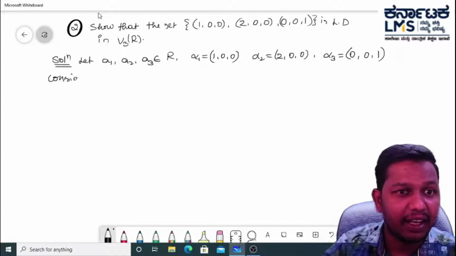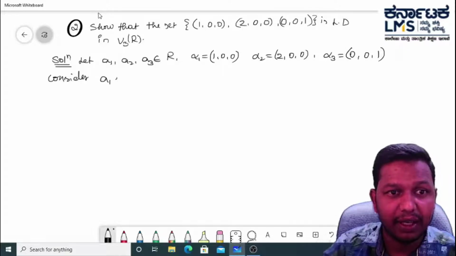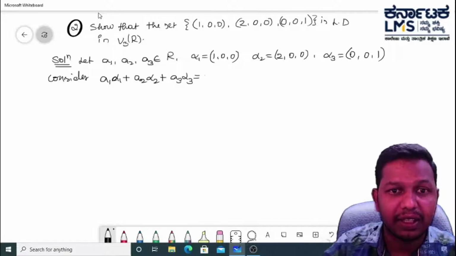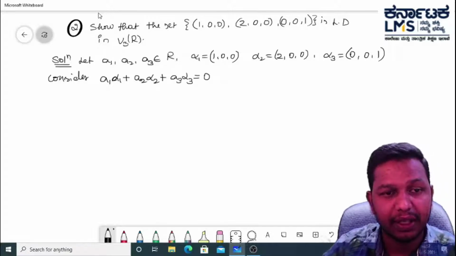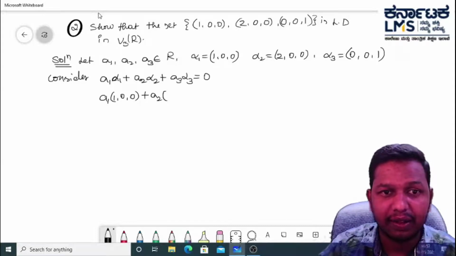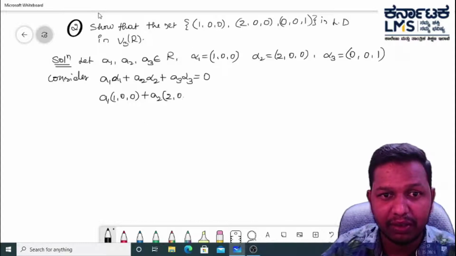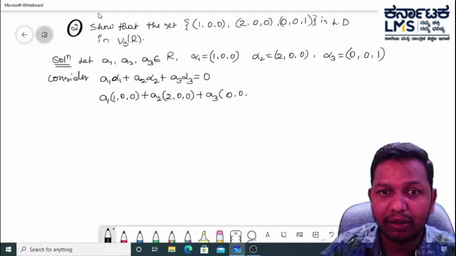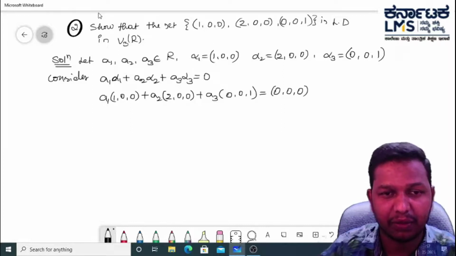Consider their linear combination, that is a1 alpha 1 plus a2 alpha 2 plus a3 alpha 3, which equals the 0 vector. So a1 written as it is, alpha 1 replaced by the vector 1 comma 0 comma 0, plus a2 into, replacing alpha 2 by the vector 2 comma 0 comma 0, plus a3 into 0 comma 0 comma 1, which equals the 0 vector, 0 comma 0 comma 0.